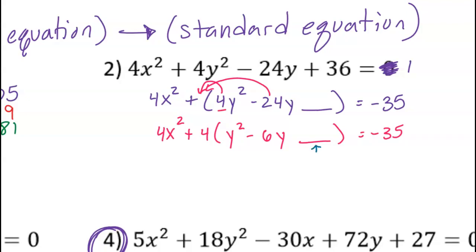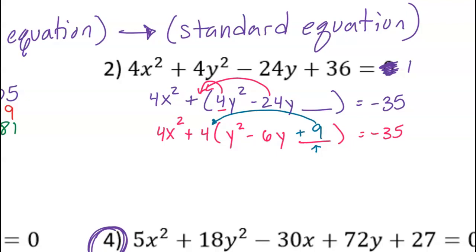So now I can complete the square for y. I need to insert a brand new value here in my y quadratic by taking my b value, which is negative 6, divided by 2, and I get negative 3 squared is a positive 9. Now, this is the most missed part, you cannot just add a 9 here. Because what I actually added into this y quadratic is not just 9, but 9 times that 4.